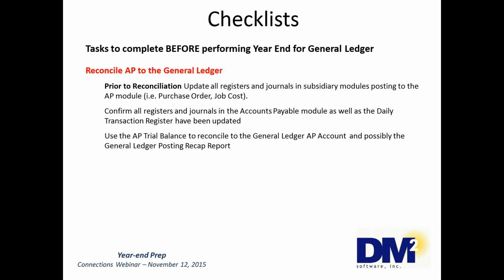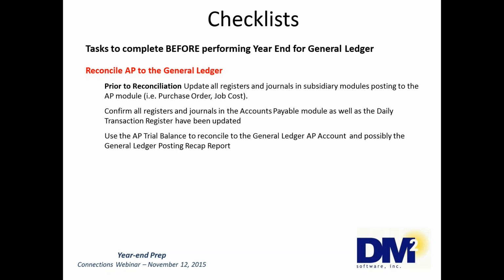So you might say, well, why wouldn't I just use the AP aging report? The reason is because for AP, and AR for that matter, the aging report is run by invoice dates. They should balance every month, the AP trial balance and the AP invoice report.